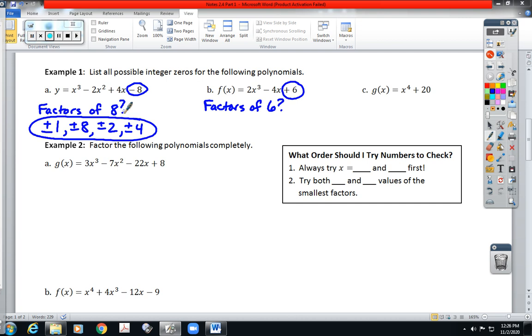So you've got 1 and 6, yeah, and 2 and 3. And again, could be positive or negative, but those 8 numbers, and it is a coincidence that there are 8 again, okay, those 8 integers are factors of 6, so they might be zeros of this function.